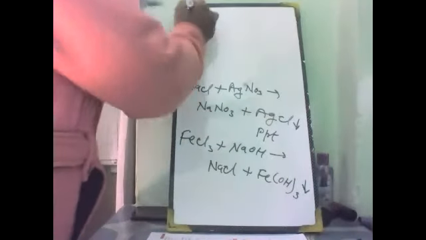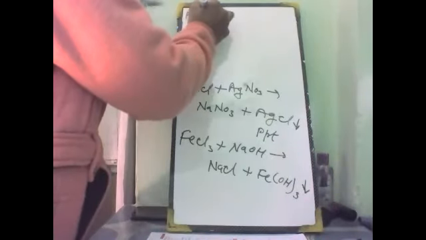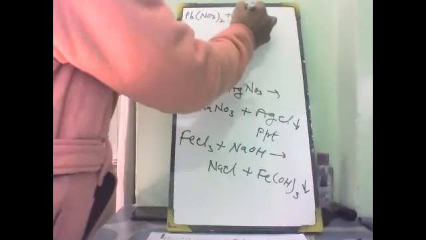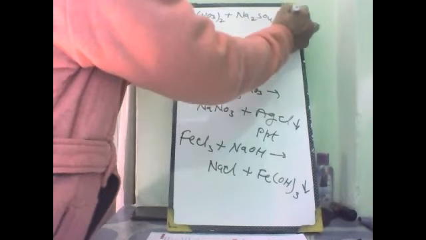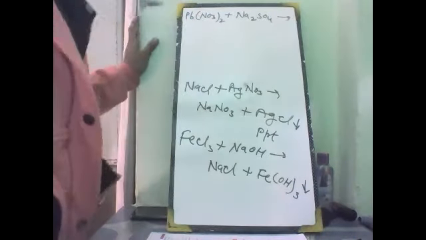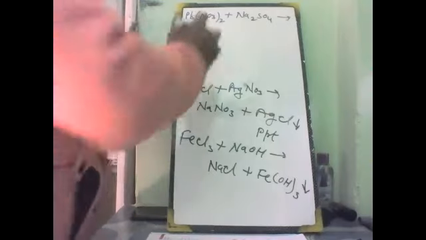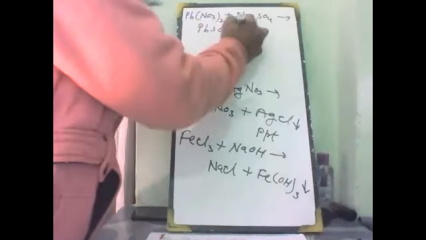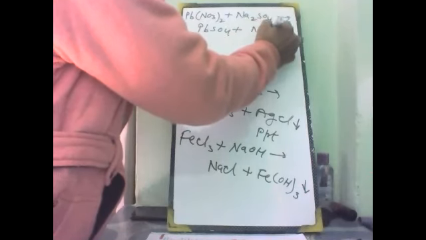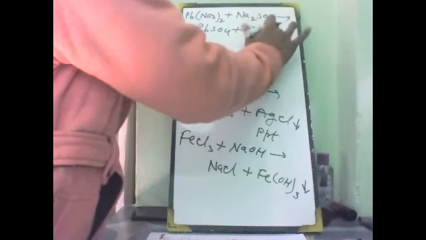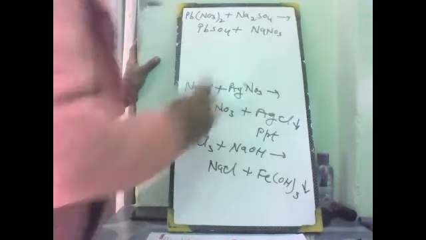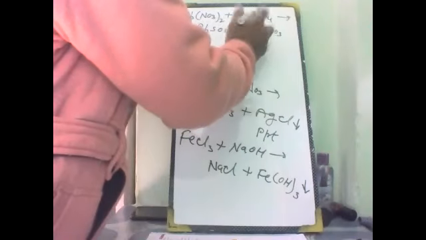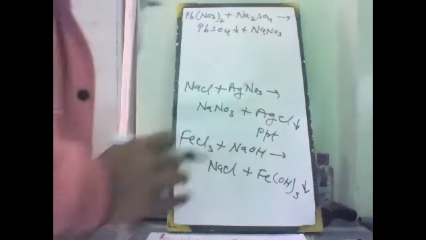Lead nitrate reacts with sodium sulfate. Then it forms sodium nitrate, NaNO3, and lead sulfate, PbSO4, which settles down at the bottom.